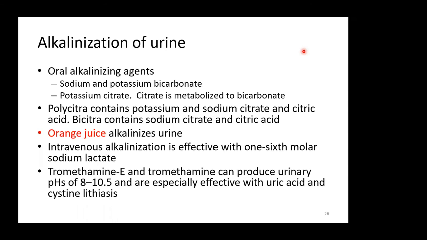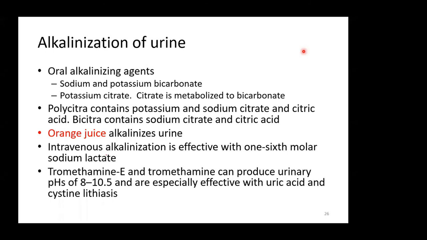Polycitrate contains potassium and sodium citrate, and also citric acid. And this we know you can get from oranges and lemon. Then Bicitra contains sodium citrate and citric acid. Orange juice, as I've already said, alkalinizes urine, and so you can use it. And of course, there is also IV alkalinization, which is effective with 1 to 6 molar sodium lactate.